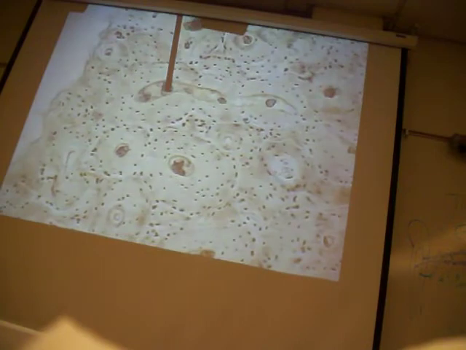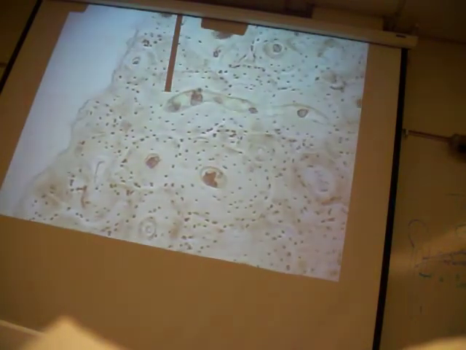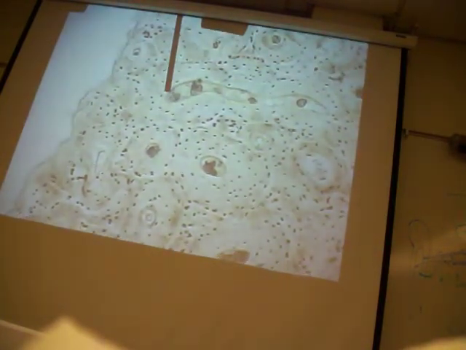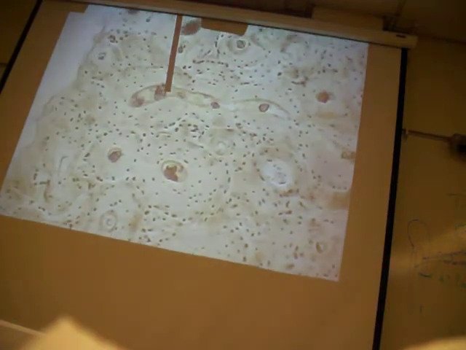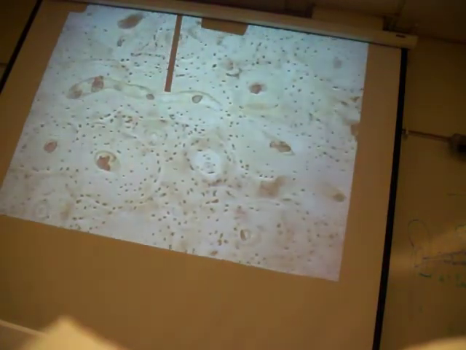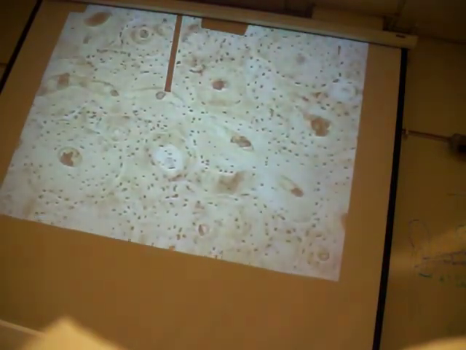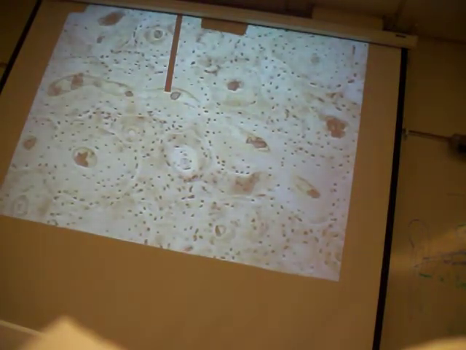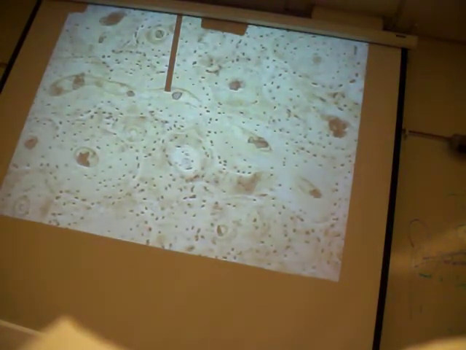So you notice how, if we look right here, see this big long thing that kind of snakes through? Right through here, connecting several osteon canals together. Right? That is called Volkmann's canal.